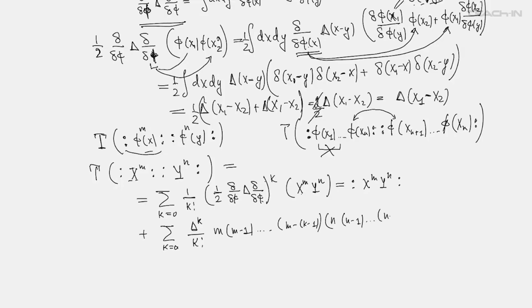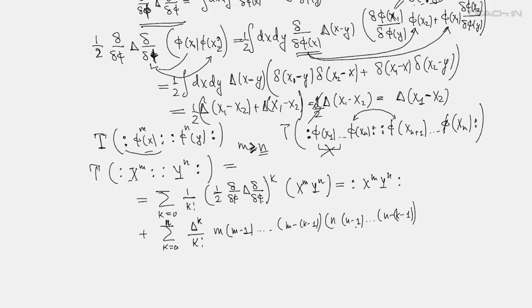And let's assume for definiteness that m is bigger than or equal to n, just to make this formula even more concrete, because then this sum will stop at k equals n, and I will be exhausting the index n by acting on the fields Y^n with more and more derivatives.